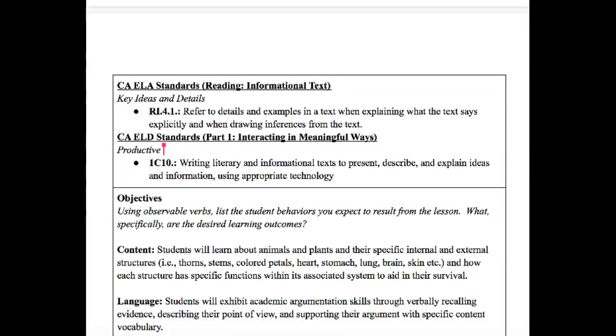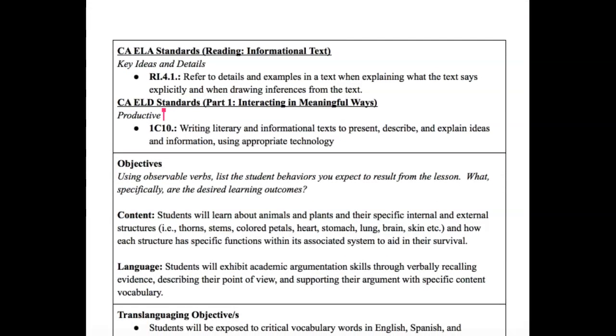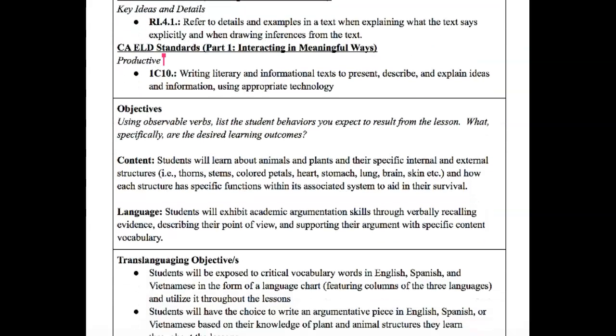Then going down to our ELA standards, reading informational text, key ideas and details: refer to details and examples in the text when explaining what the text says explicitly and when drawing inferences from the text. And our ELD standards, part 1, interacting in meaningful ways, states writing literary and informational text to present, describe, and explain ideas and information using appropriate technology.